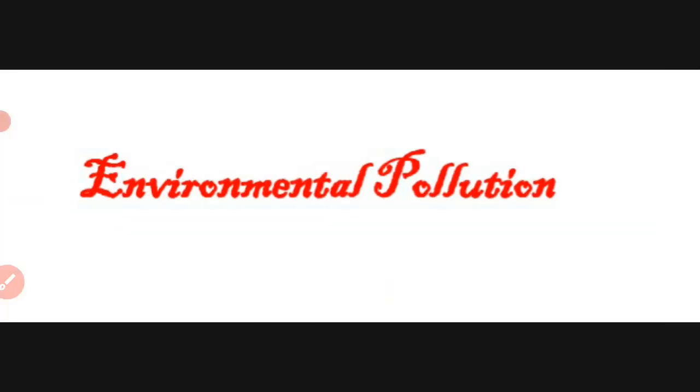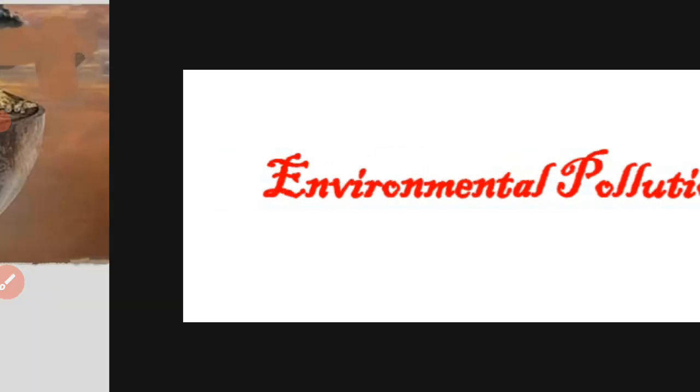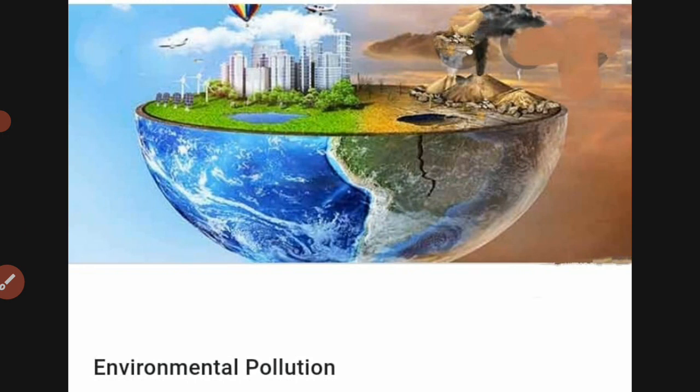Now, let us move on to environmental pollution. When the disturbances made by human beings in the environment are less, nature can easily repair and maintain it. But when the exploitation is on a large scale, nature fails to repair it. This creates problems not only for nature but also for human beings.